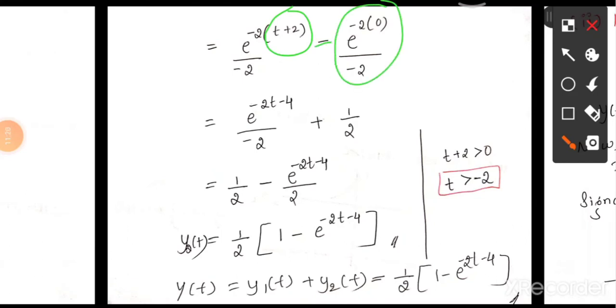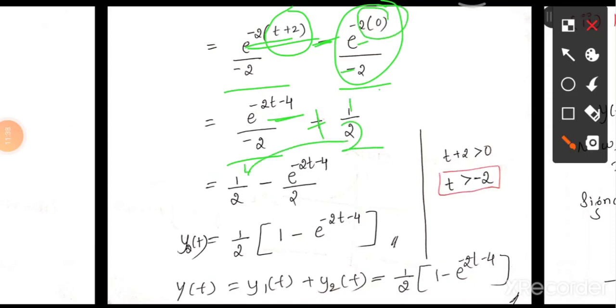When you simplify this, minus 2t minus 4 divided by minus 2 is as it is; minus into minus 2 is plus 2, and e raised to 0 is 1.